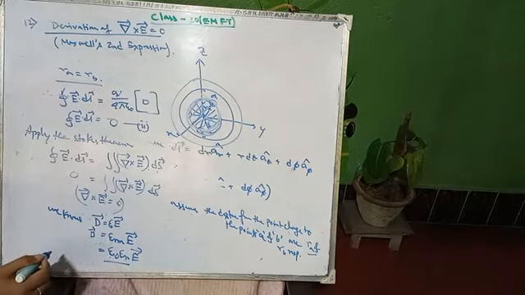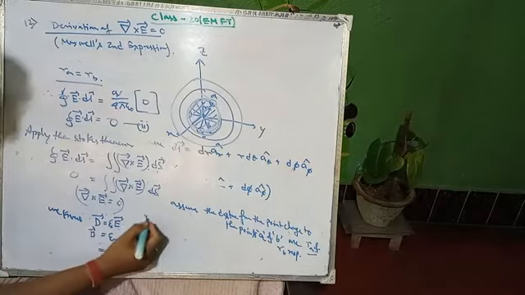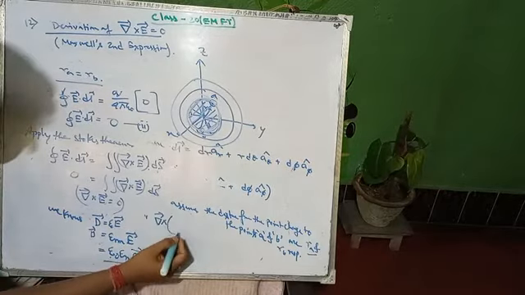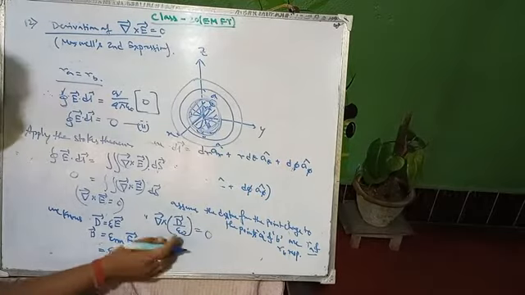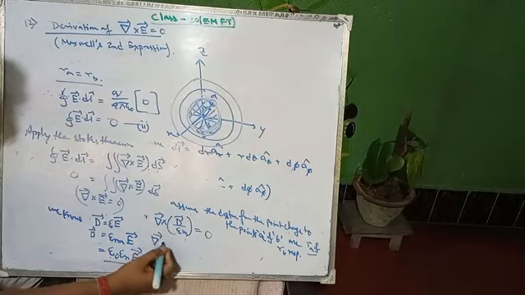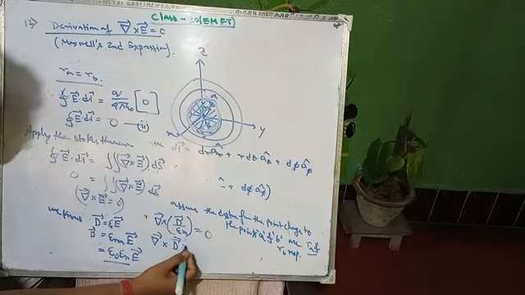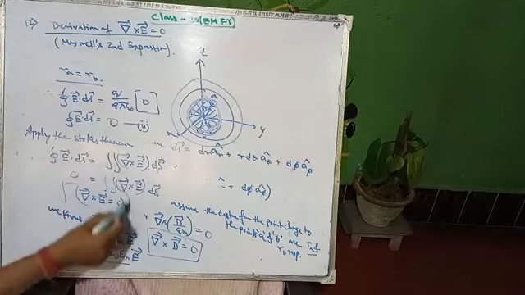So if we put this E value over here, it becomes curl of D by epsilon naught equals 0, or you can write epsilon m over here. It becomes curl of D also equals 0. So these are two forms of Maxwell's second equation.